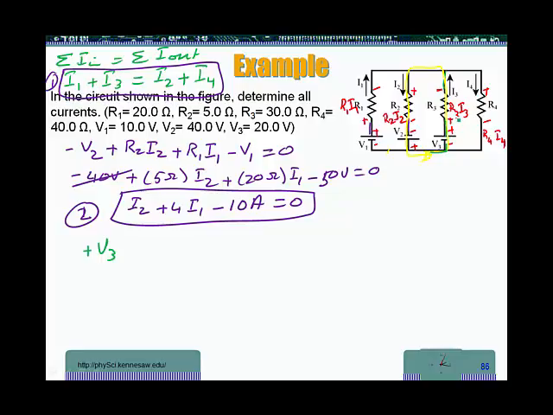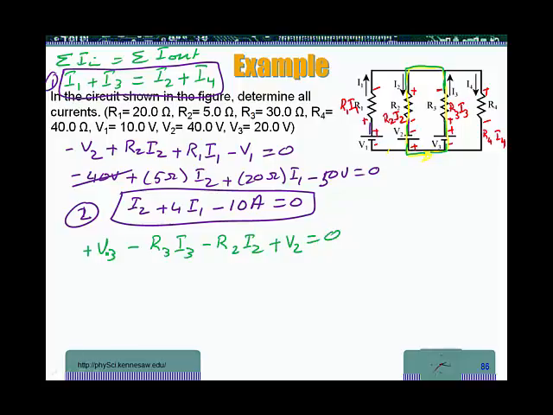And then I'm going to meet the positive of R3, so I'm going to have a drop in electrical potential, that's minus R3I3. And then I'm going to meet the positive of R2, so another drop in electrical potential, that's minus R2I2. And then I meet the negative of V2, so it's an increase in electrical potential, plus V2. And then I'm back where I started, so that's equal to 0.